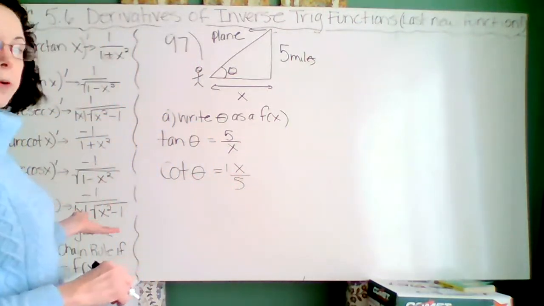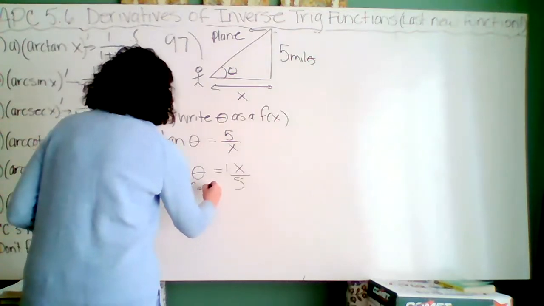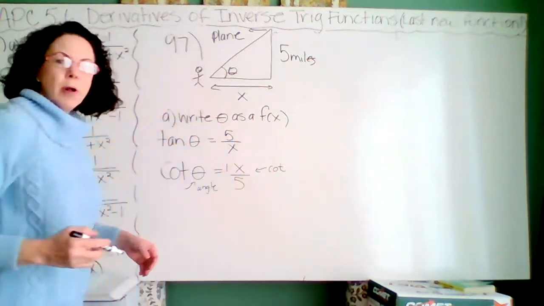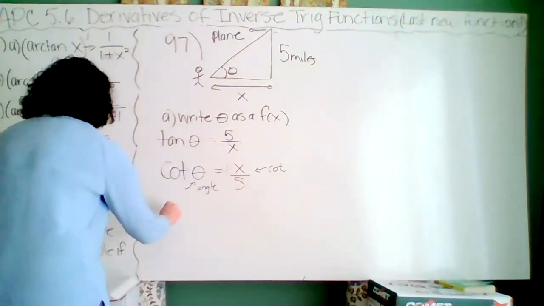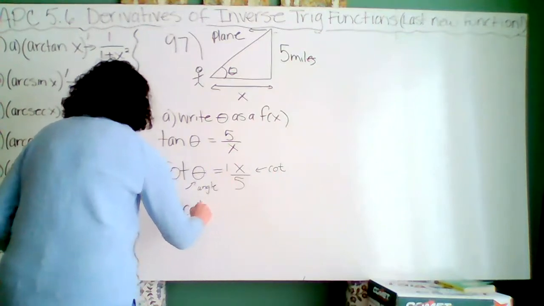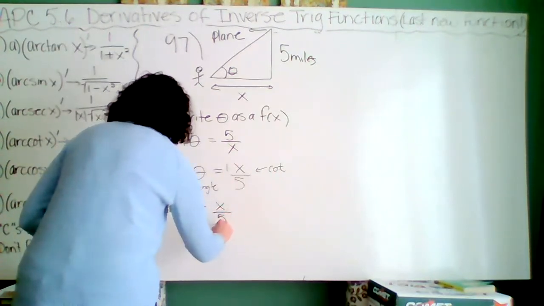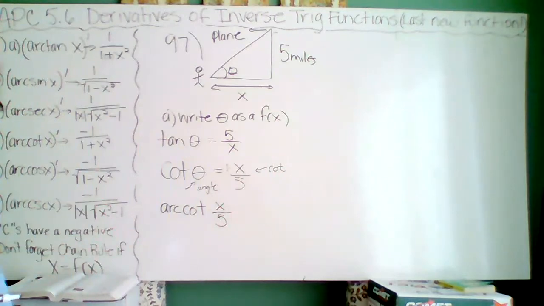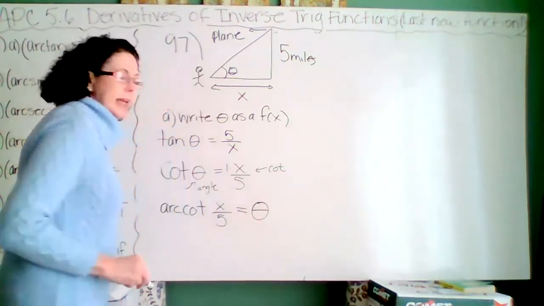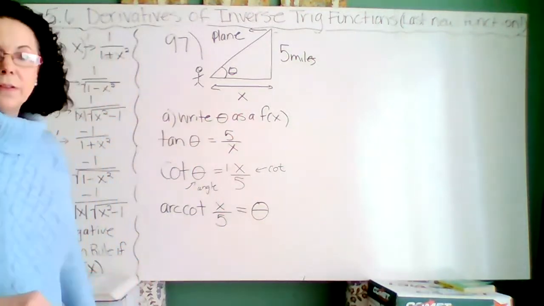Now, how do I write this in terms of theta? Here's my angle, and this is what cotangent actually is. So I'm going to use arccotangent. So if you have been given cotangent, right, and you're trying to find the angle, that is arccotangent, and it will give you the angle. So I have written theta in terms of the function.